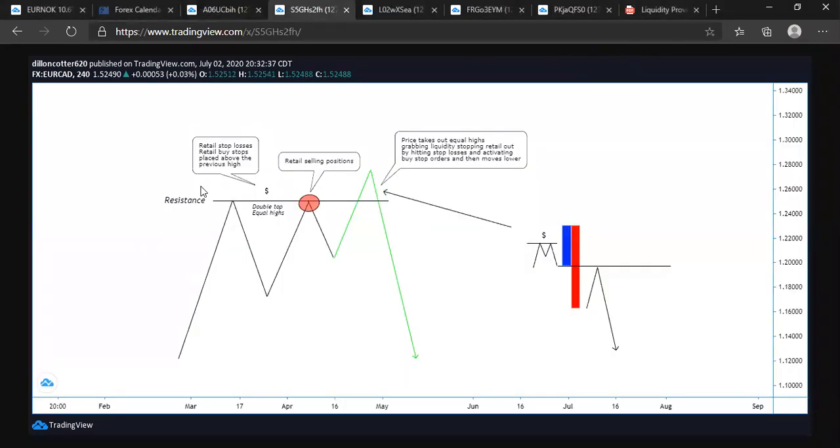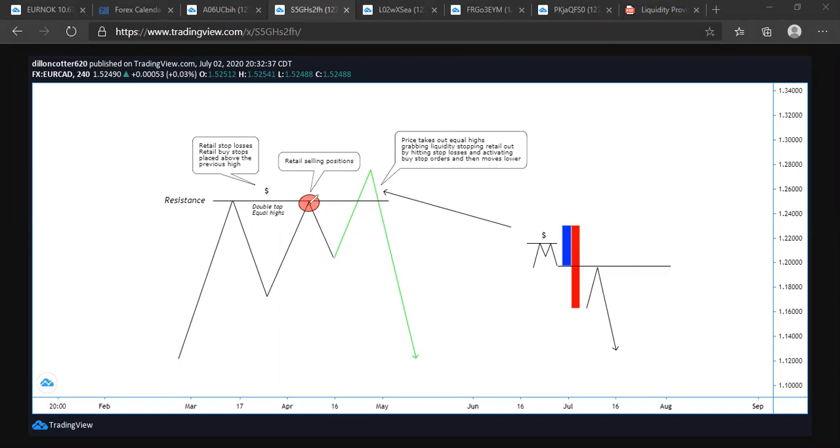For instance, right here you see a double top present itself, and you have to think, okay, who's in the market now? Who is putting positions in the market now? If I sell here, who am I trading in line with? I'm trading in line with retail positions, with retail.